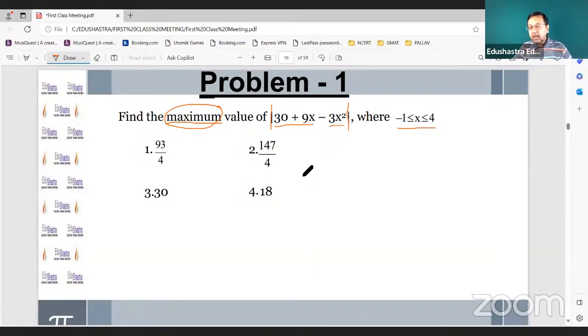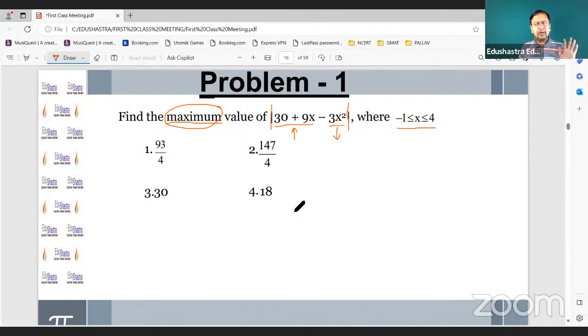I need to maximize this. So just put a simple logic: if I maximize the positive part and minimize the negative part, the overall expression will be maximized.